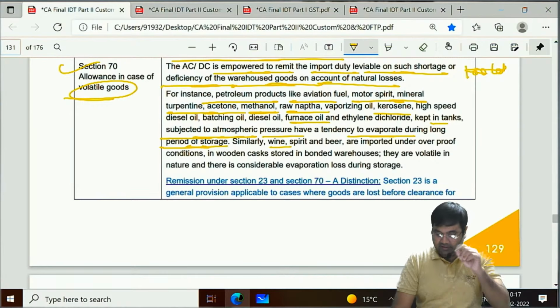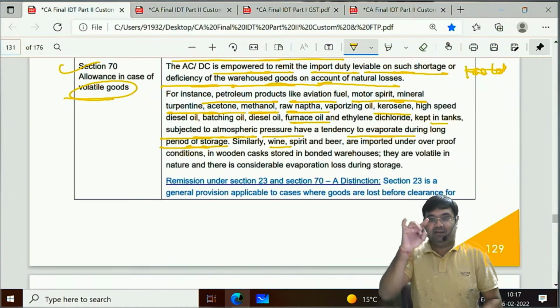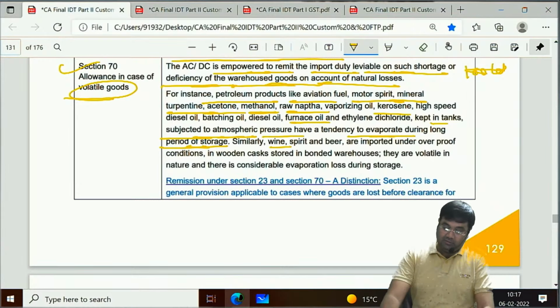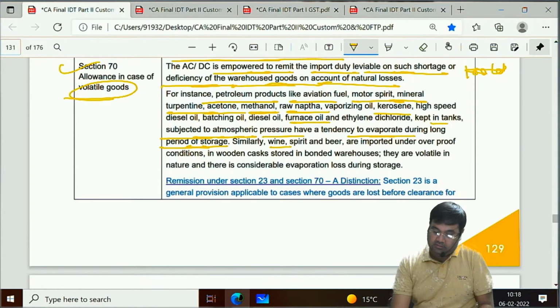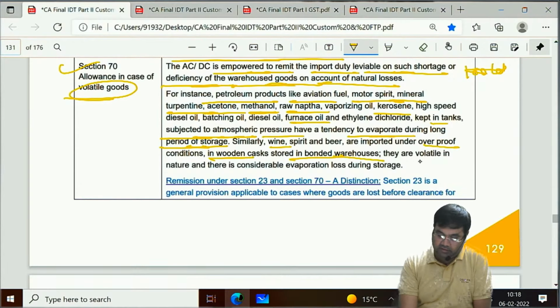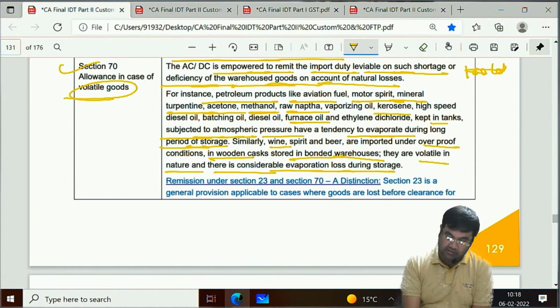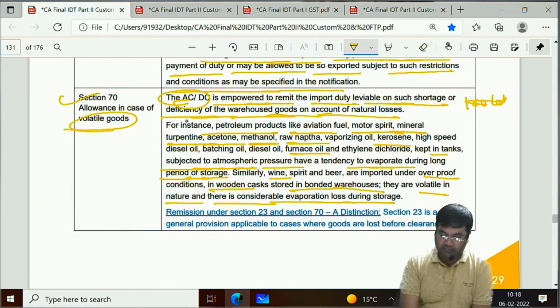Similarly, wine also evaporates. Wine, spirit, and beer are imported under overproof condition in wooden casks stored in a bonded warehouse. They are also volatile in nature, and there is considerable evaporation loss during storage. So ACDC has been empowered to waive off, or remit, duty on such natural losses.